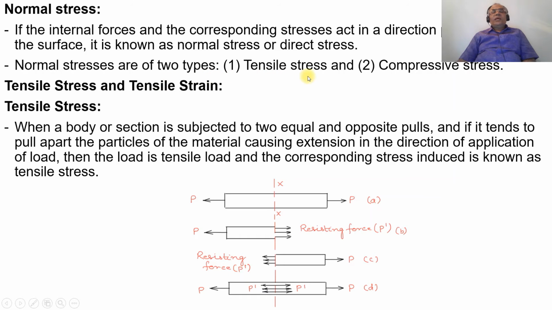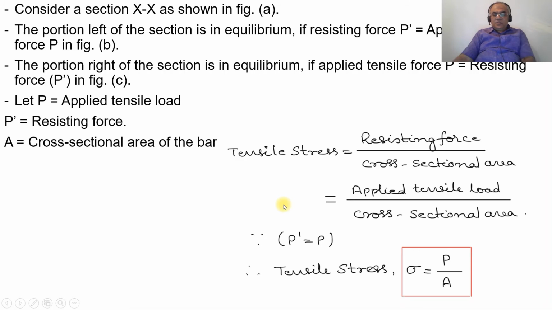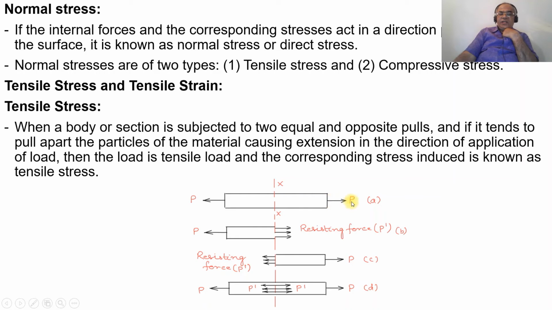Normal stress is of two types. One is the tensile stress and the other one is compressive stress. So first we are going to consider the tensile stress and tensile strain. What is tensile stress? When a body or a section is subjected to two equal and opposite pulls, we can see one force is acting in this direction and the other force is acting in this direction.